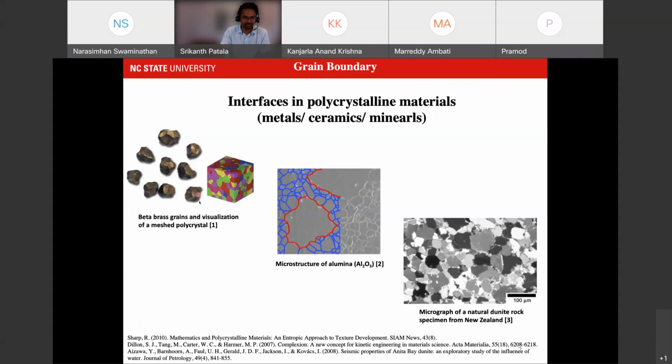As an example here, an illustration of a brass copper alloy, or in ceramics where abnormal grain growth is shown, in alumina where the interfacial properties actually drive abnormal grain growth, and even in minerals there's a lot of interest in texture and understanding the role of interfaces and geological phenomena.